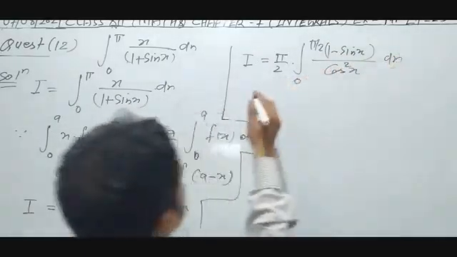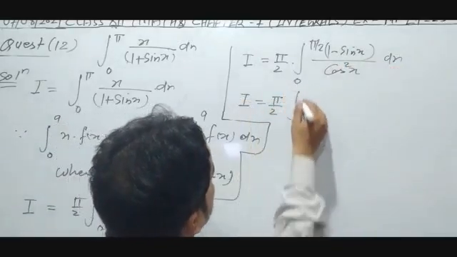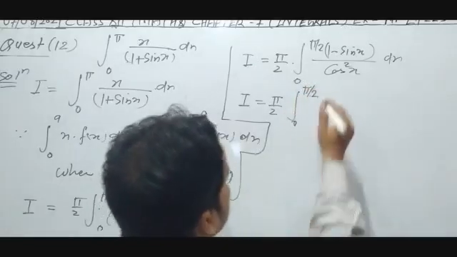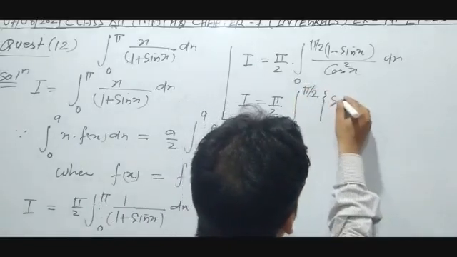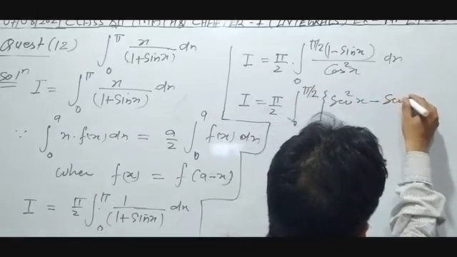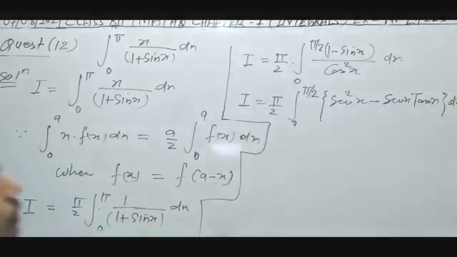And now separate it. So from 0 to pi, the first expression will be sec square x minus sec x into tan x dx. This is the function we have to integrate.